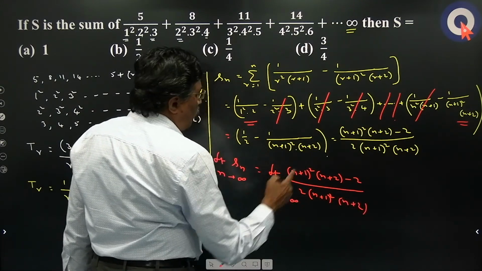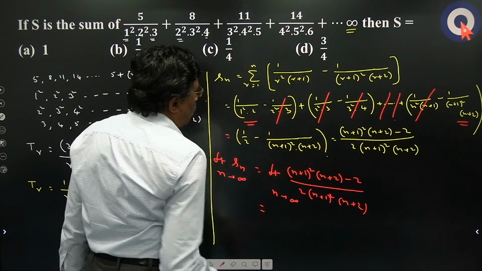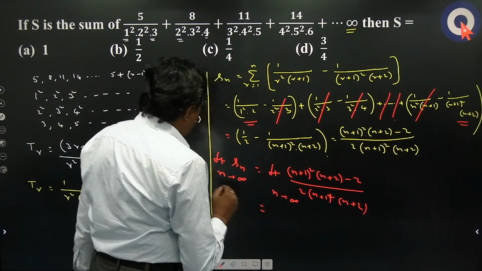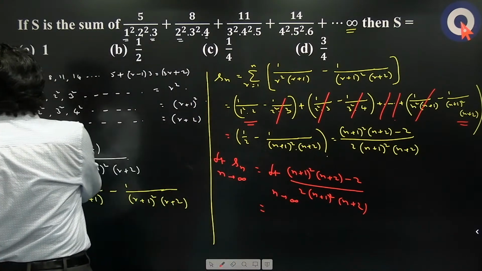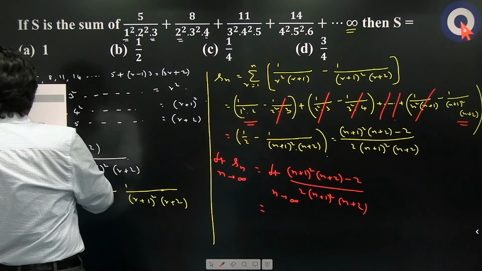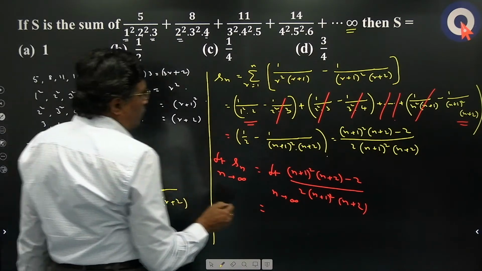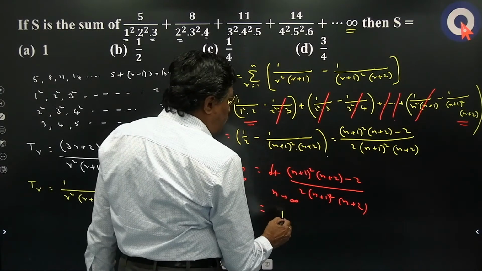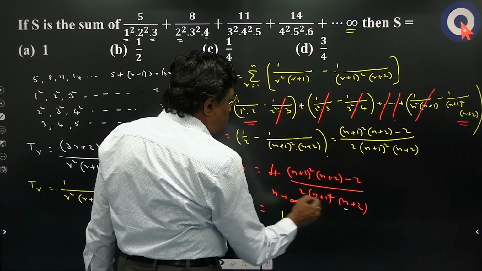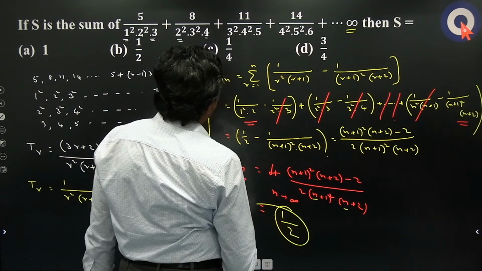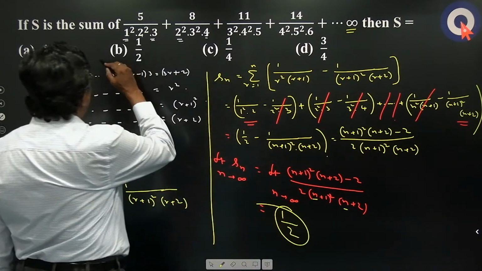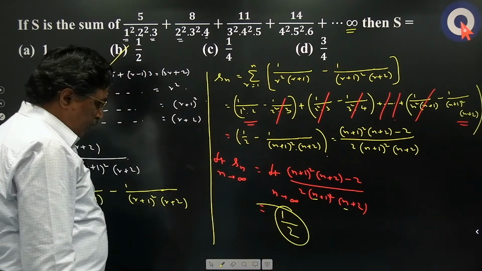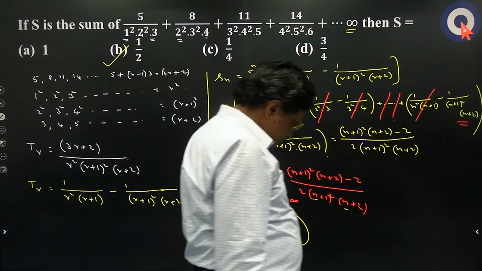So polynomial by polynomial of the same degree. So the answer is leading coefficient by leading coefficient, in limits you have done several times. So therefore, n cube coefficient here is 1 and here n cube coefficient is 2. So the sum to infinite number of terms is 1 by 2 and therefore B is the correct answer. All right.